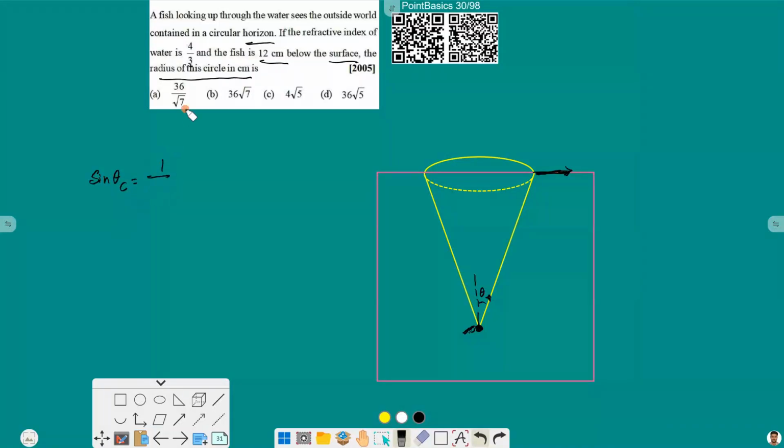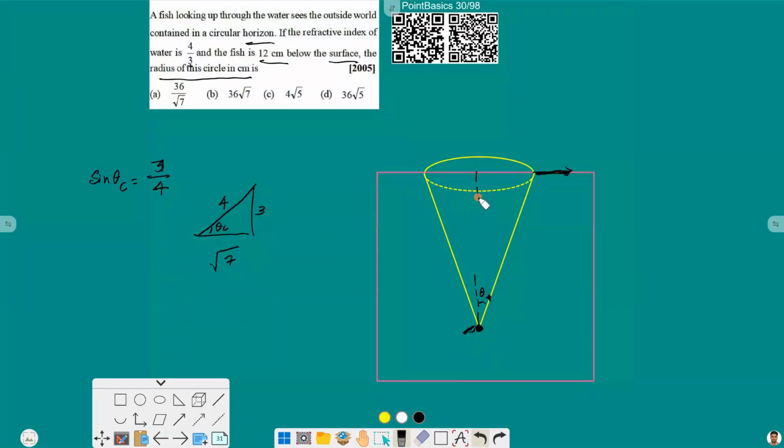and that will be 1 by 4 by 3, or basically 3 by 4. Now we have a triangle like this. If this is theta c, this is 3, this is 4, so this will be root 7.